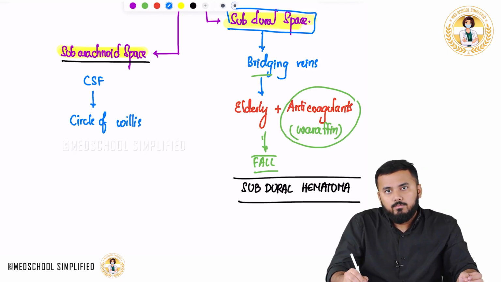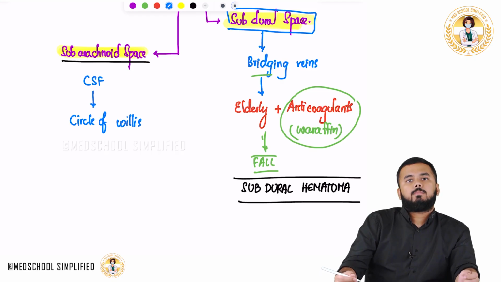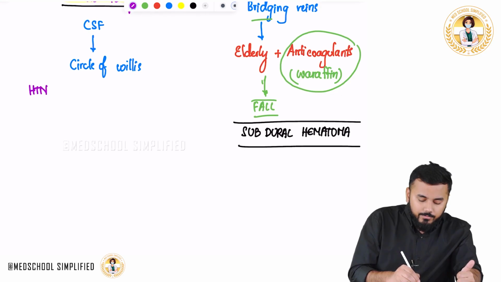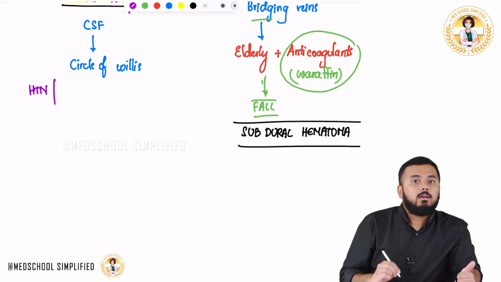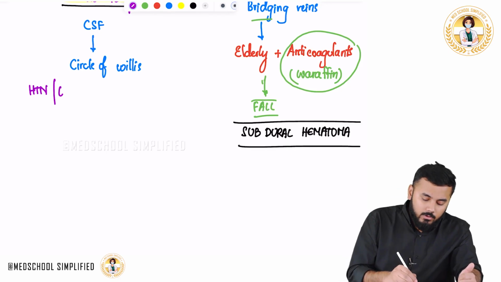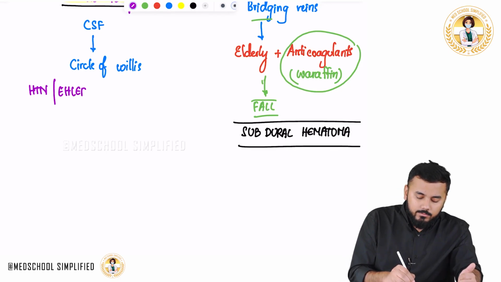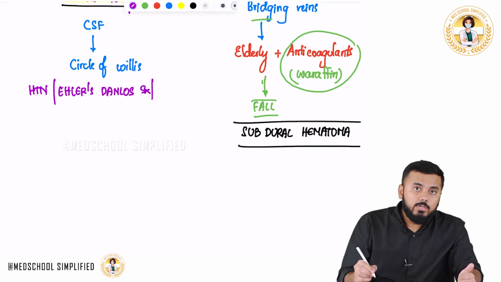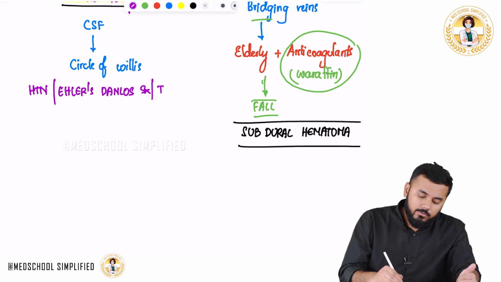Let us say the patient has hypertension, high blood pressure. Let us say the patient has a condition called Ehlers-Danlos syndrome. Let us also say the patient has Turner syndrome.